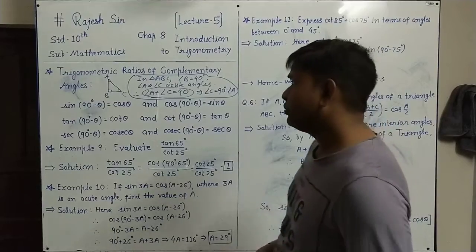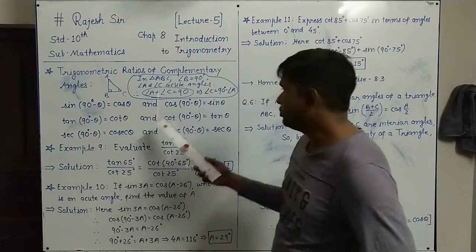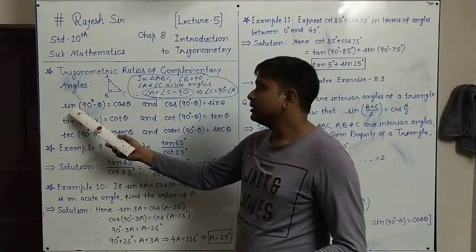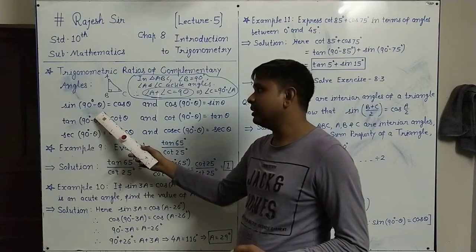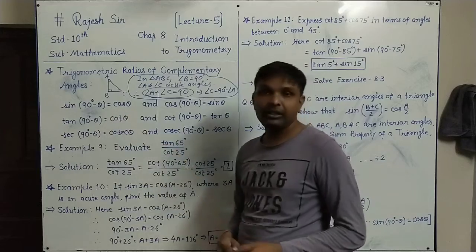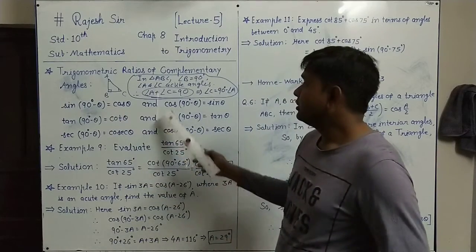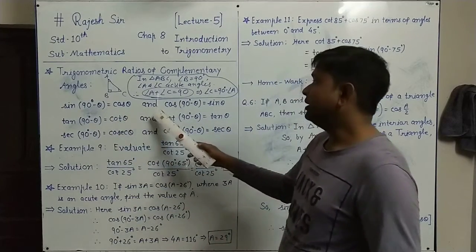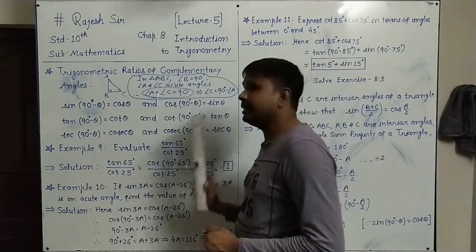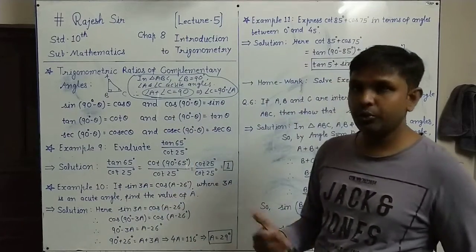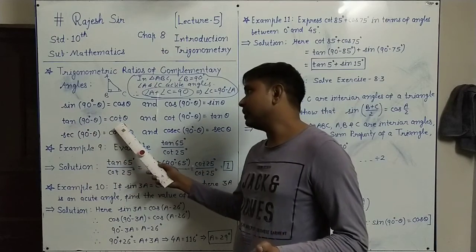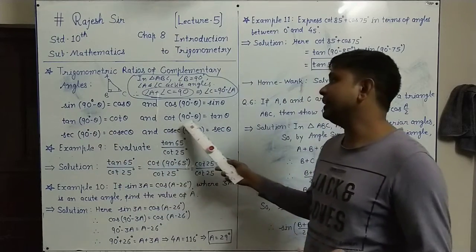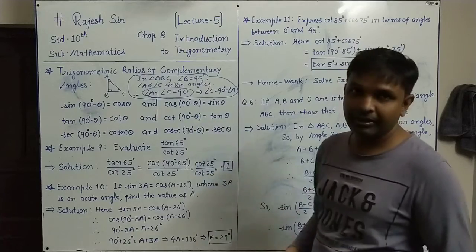Very simply, if you want to remember it: sin of 90 minus theta gives cos theta, and in reverse, cos of 90 minus theta gives sin theta. Similarly, tan of 90 degrees minus theta equals cot theta, and cot of 90 degrees minus theta is tan theta.